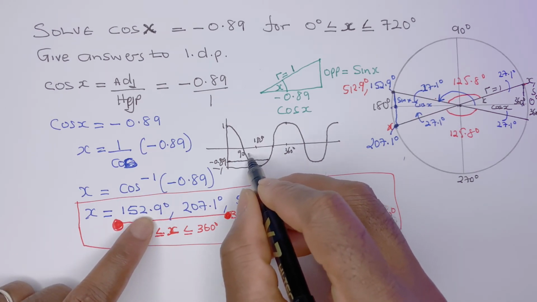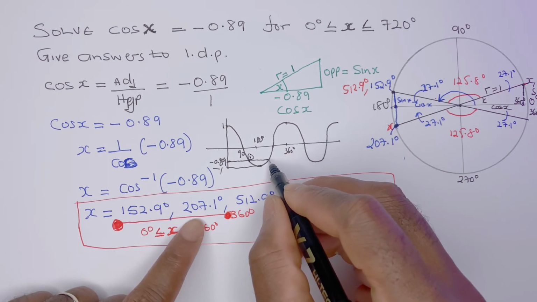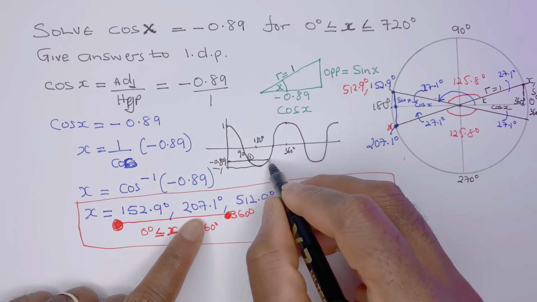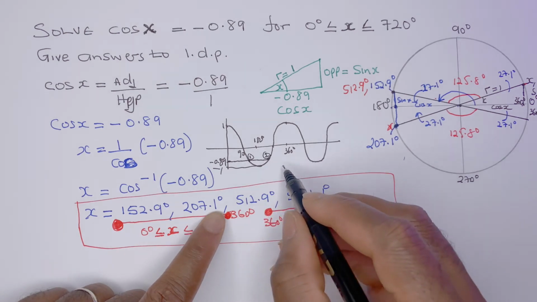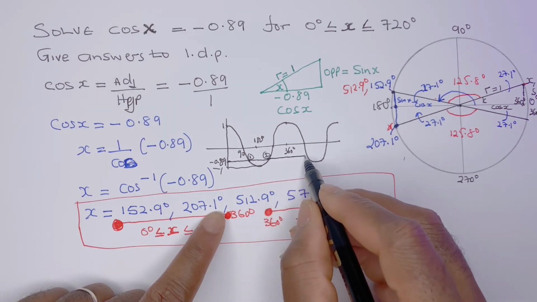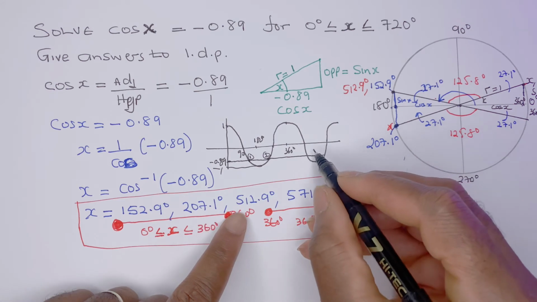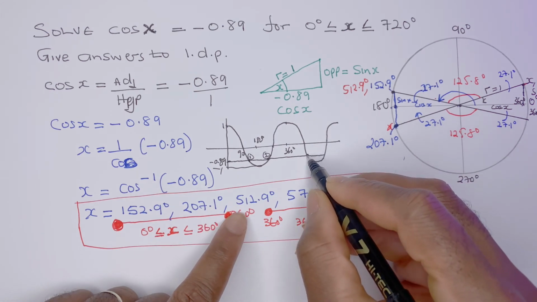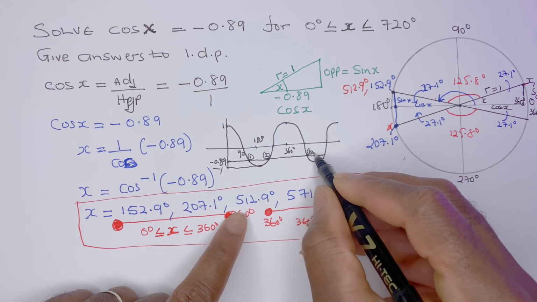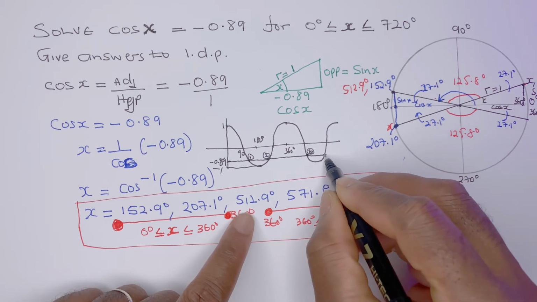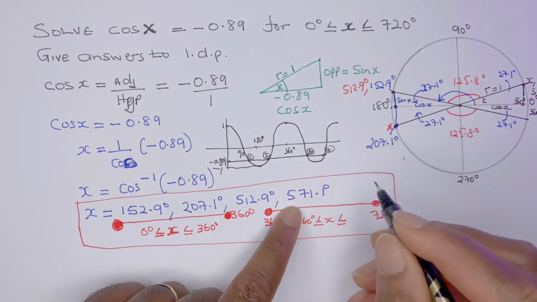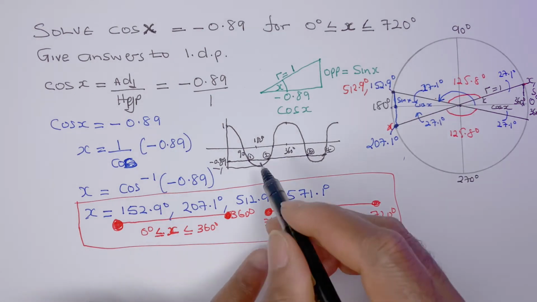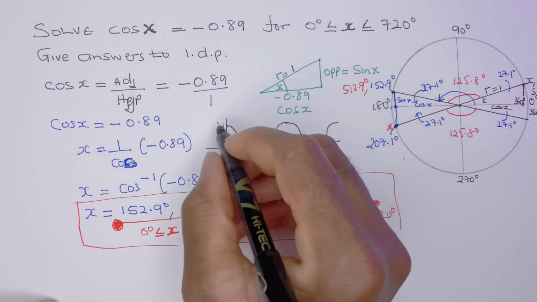The second one is greater than 180 degrees, so that's 207.1. And the next one, if you keep tracing along, will be 512.9, and the fourth here will be 571. That's number 4. And that's how you can find it using the cosine graph.